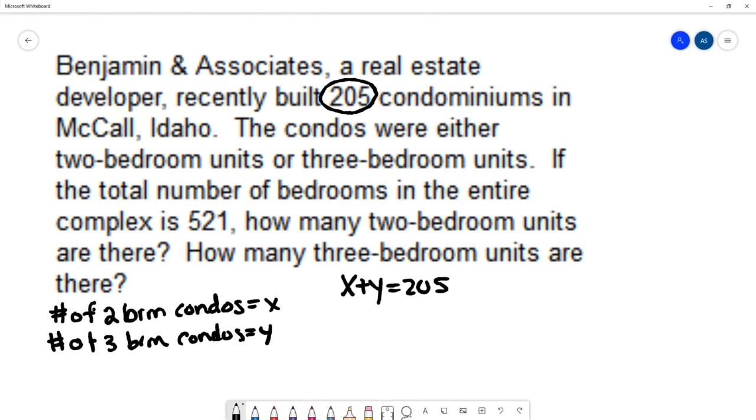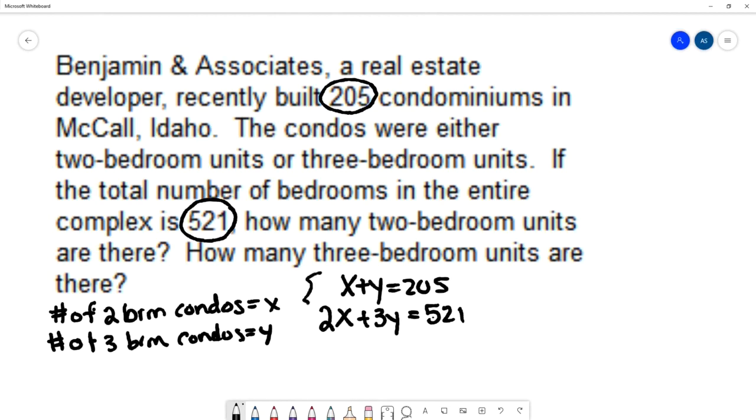And then they give us the number of bedrooms to be 521. So in the 2-bedroom condos, we'll multiply the number of condos times 2, that gives us the number of bedrooms. And the 3 bedrooms times the number of 3-bedroom condos, and we can add those two together, and that should equal 521, the total number of bedrooms.